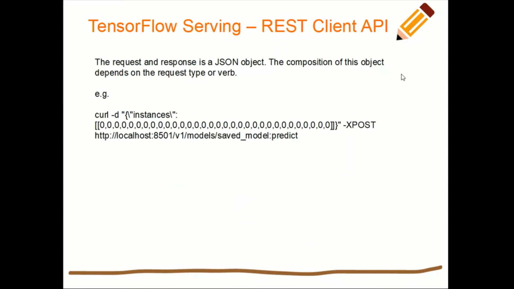Okay, the second way is to use a RESTful client API. In a REST client API, there's a concept of a request and response as a JSON object. So we format the request as a JSON object, and we get the response as a JSON object. And here is an example of the object. From here, this curly bracket and instances. Instances is basically the input data that we are going to provide, and this is the type of the request and where we are sending it.